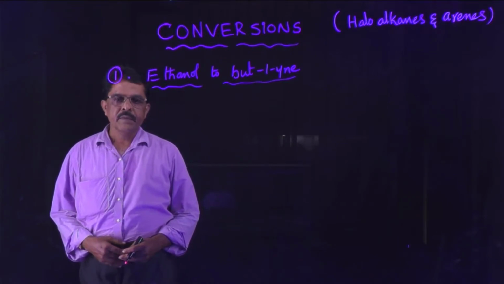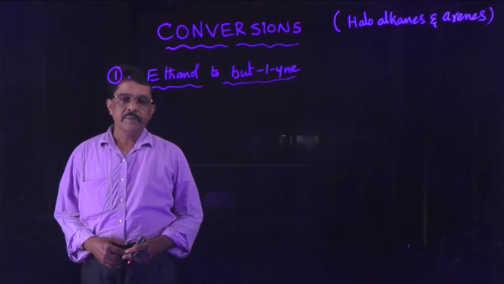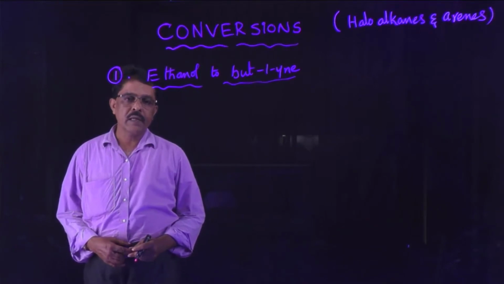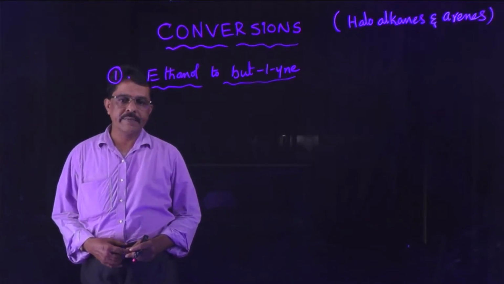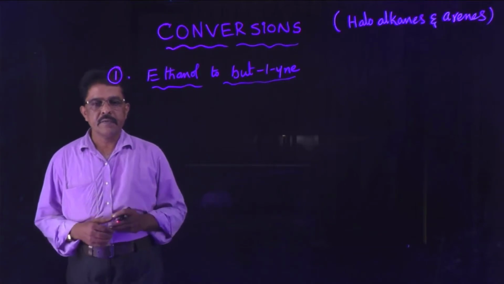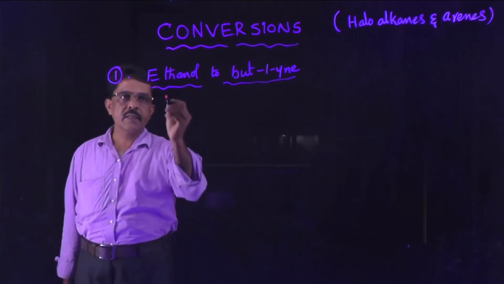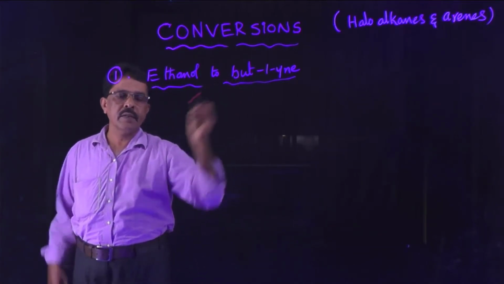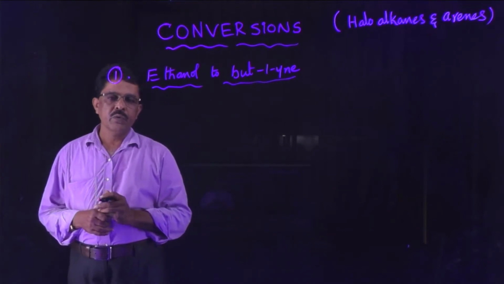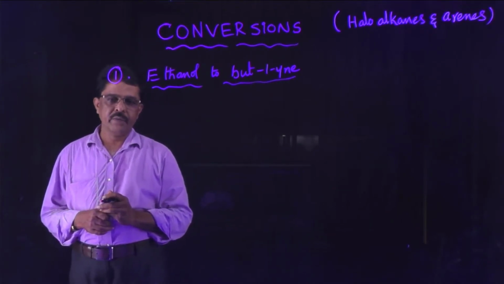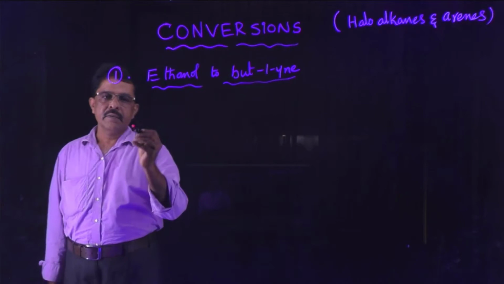Students, we are going to start conversions in haloalkanes and haloarenes. The first conversion is ethanol converted into but-1-yne.